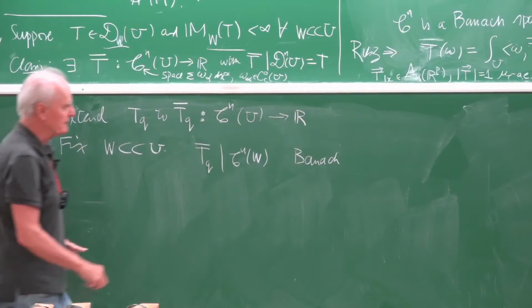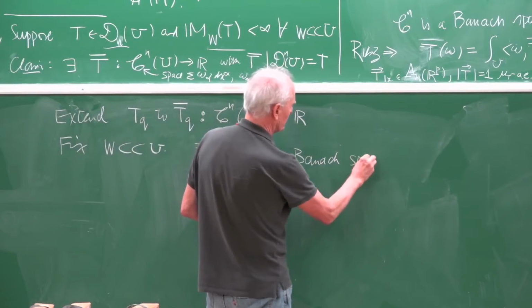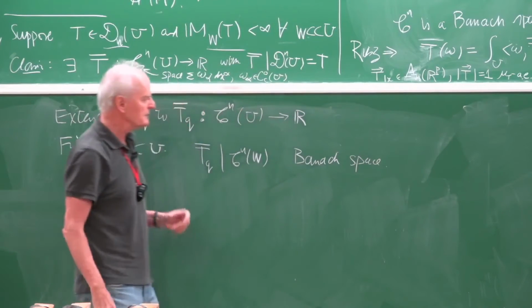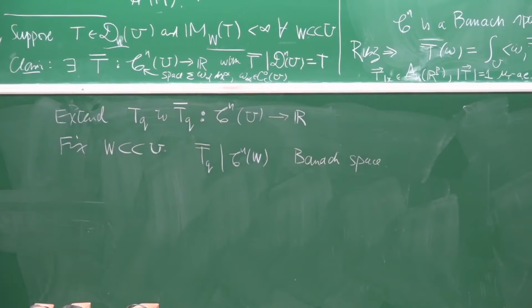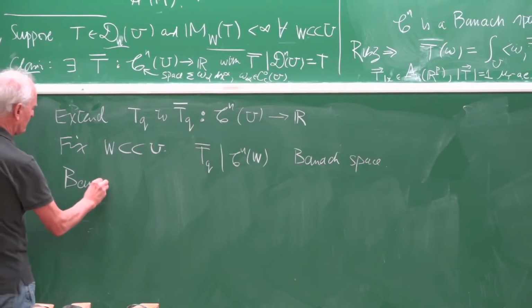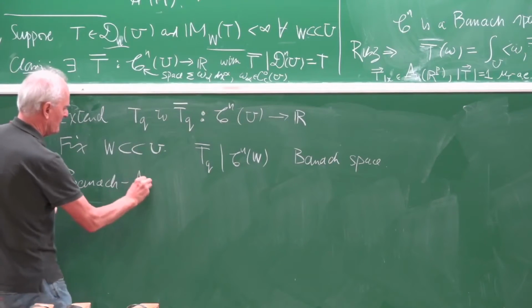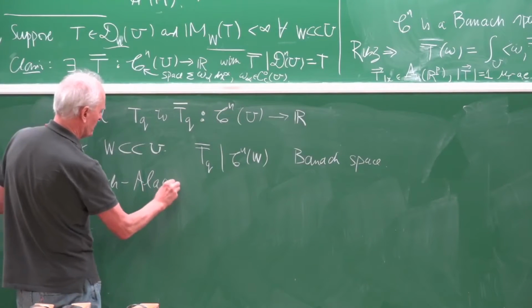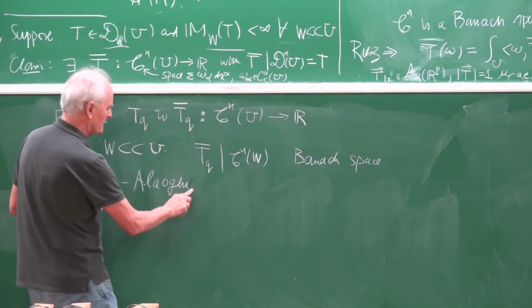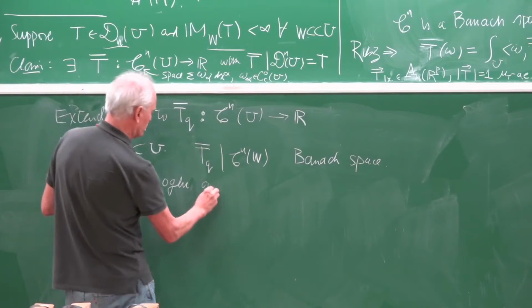So it's a Banach space, so we can use functional analysis again. This time we're going to use the so-called Banach-Alaoglu compactness theorem.